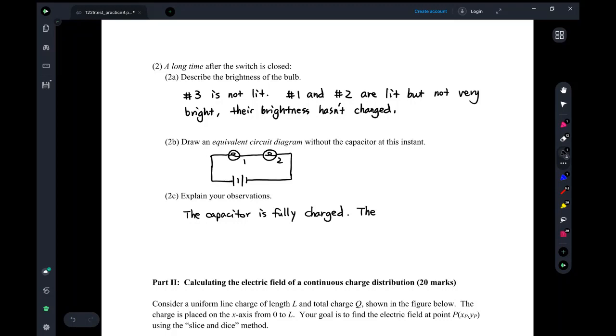There is a potential difference equal, but opposite, to the potential difference of the battery.